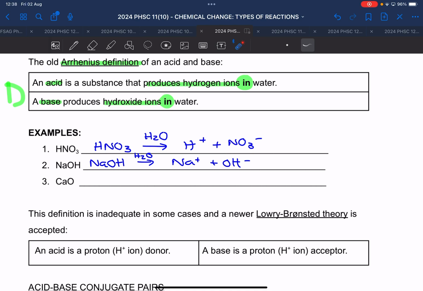But then, when you get calcium hydroxide, it gets a bit funny because calcium oxide, when that splits up, it gives you calcium ion and an oxide or an oxygen ion.